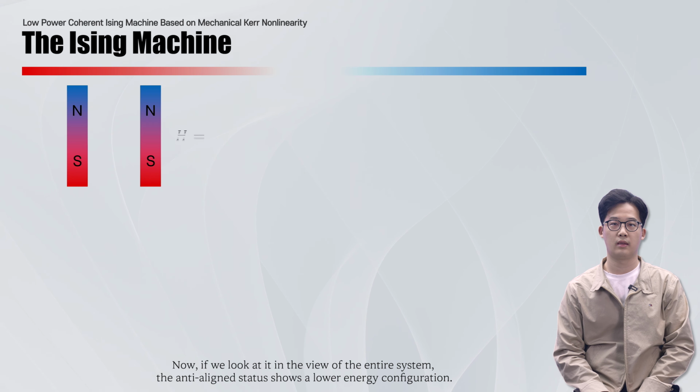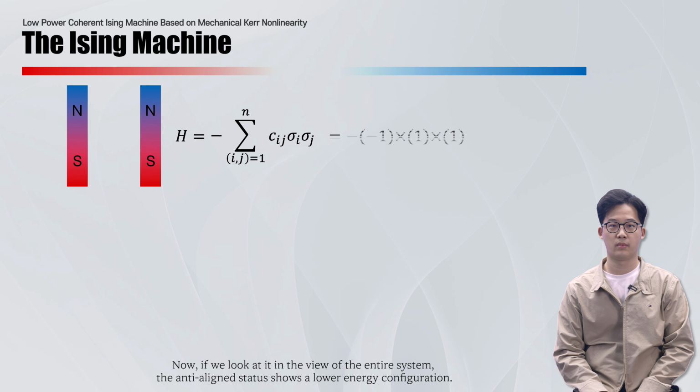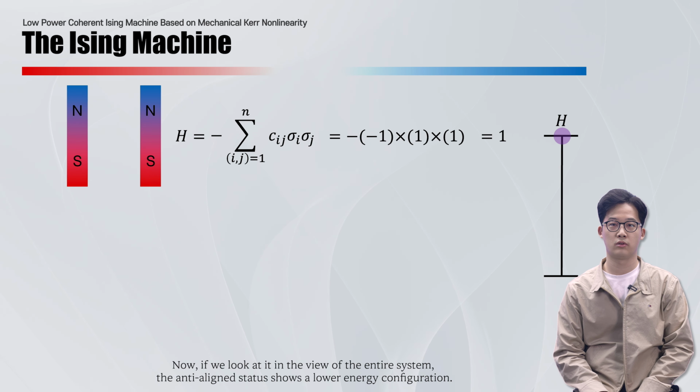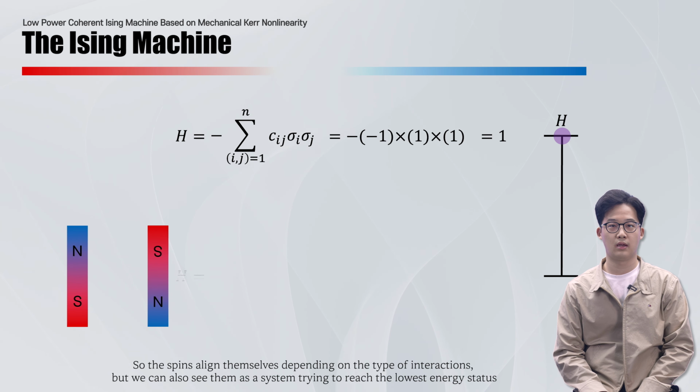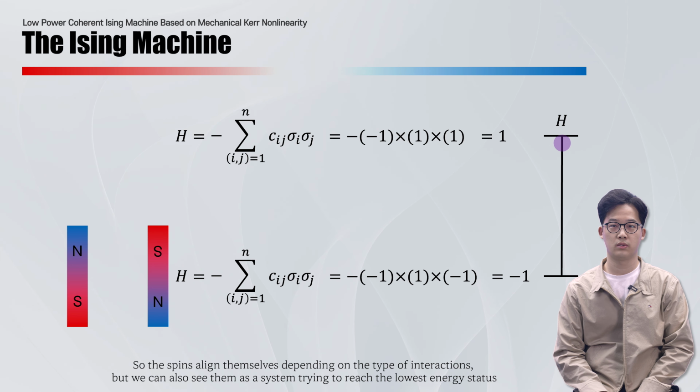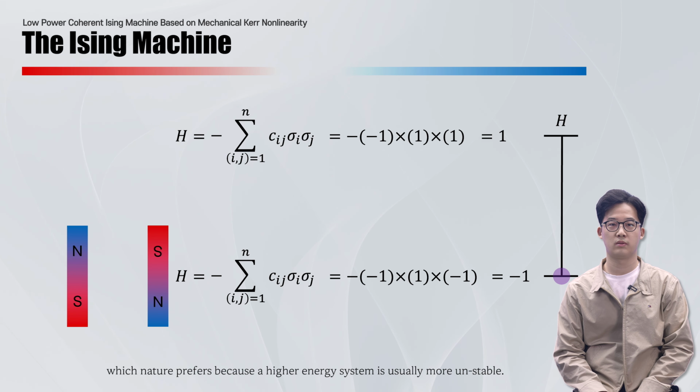Now, if we look at it in view of the entire system, the anti-aligned status shows a lower energy configuration. So the spins align themselves depending on the type of interactions, but we can also see them as a system trying to reach the lowest energy status, which nature prefers because a higher energy system is usually more unstable.